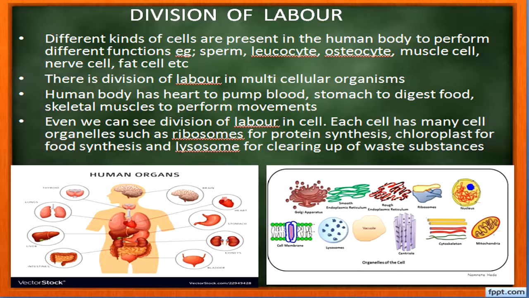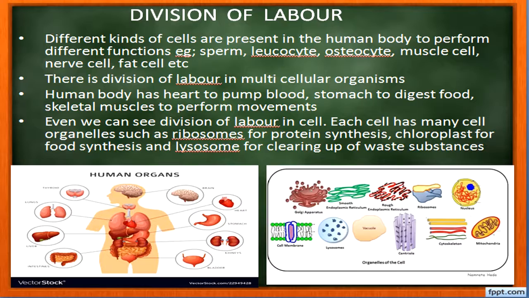So there is a particular work for each and every specific organ. All these organs work together so that the entire organism can function properly, isn't it? So this is what we call division of labor. If you take multicellular organisms, this division of labor will be seen.